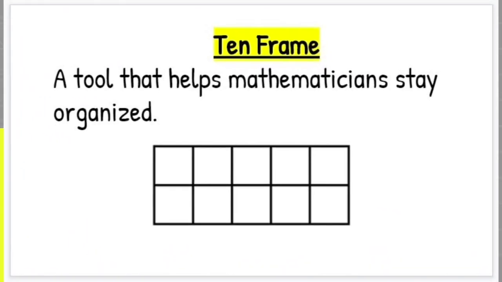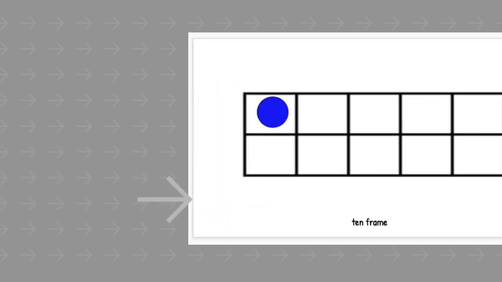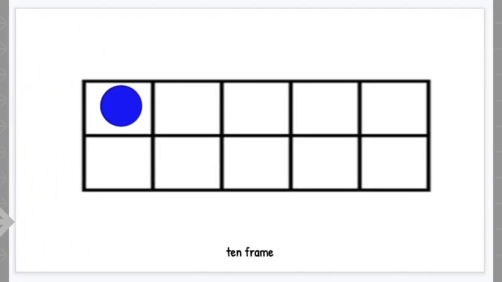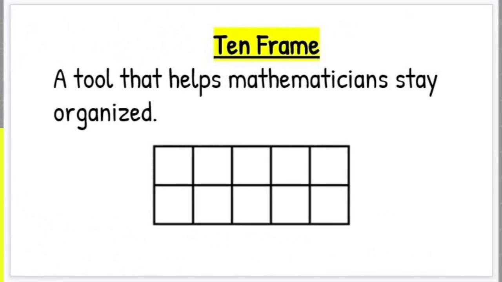Okay, another review math tool is our 10 frame, and we're going to use it a lot today, friends. Okay, so because we're going to use it a lot, let's go over what the 10 frame looks like when it's being filled in. So here is a blank 10 frame.